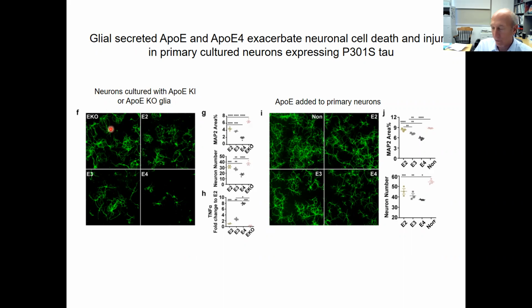But if the glia expressed APOE4, over time they began to degenerate. This was less so with E3 and E2. I think this doesn't tell us the molecular mechanism, but it says that glial-produced APOE can lead to a similar kind of phenotype ex vivo.